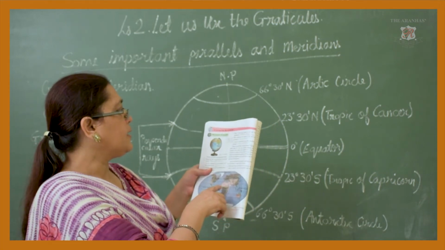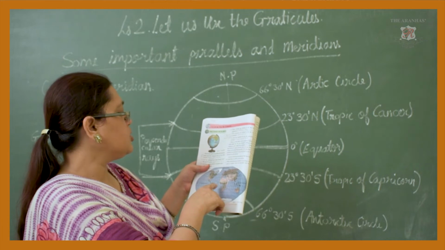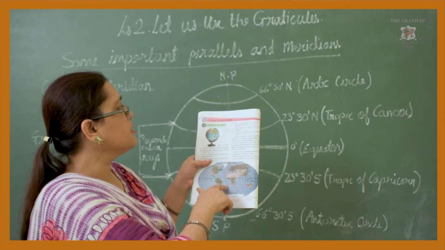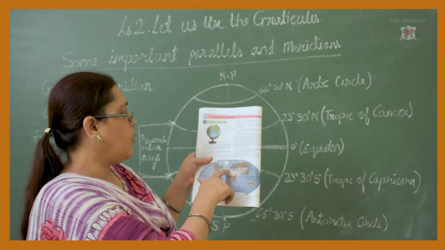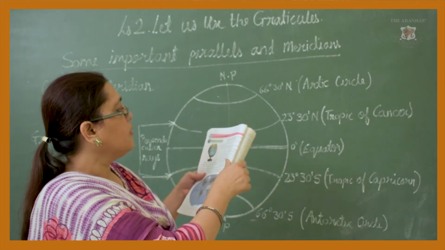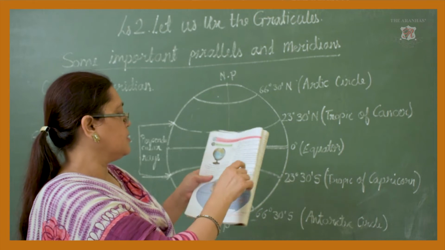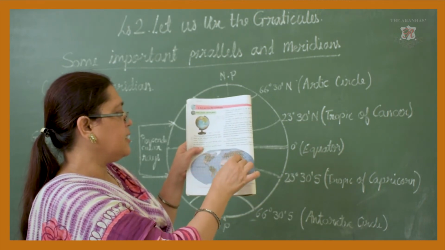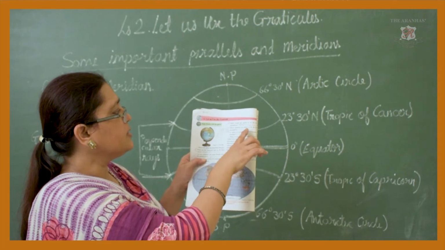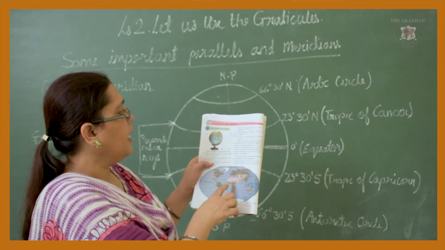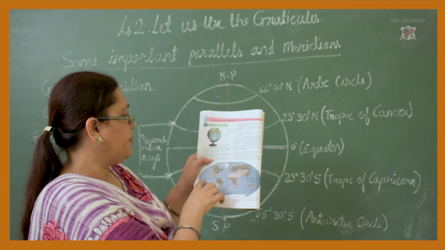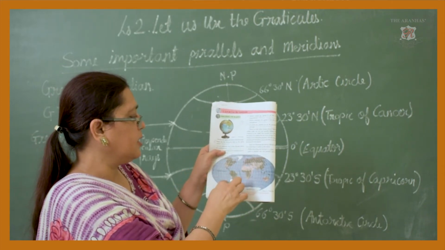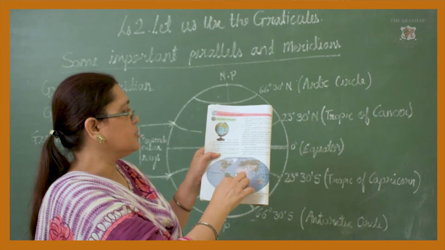The entire Atlantic Ocean, this one, it is spread all over all the 4 hemispheres: North, South, East and West. Which one is it? Atlantic and Pacific Ocean. One can see the Pacific Ocean over here and the Atlantic Ocean here.